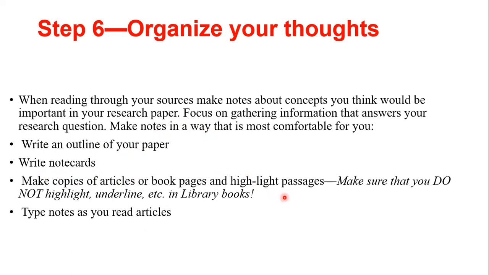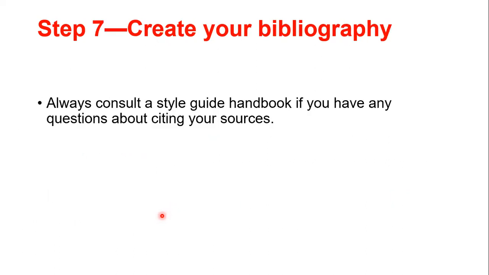And if you are working online, then take a copy, and there are many tools available that you can utilize. Make sure that you do not highlight or underline in library books. But here the important point is that you do this on the copy. On genuine library books, do not write any notes or lines. Type notes as you read articles. Keep reading the articles and, if you have a typewriter, keep typing the notes.